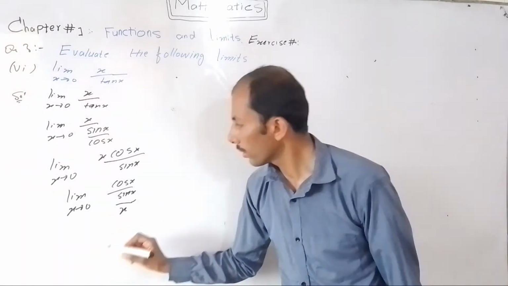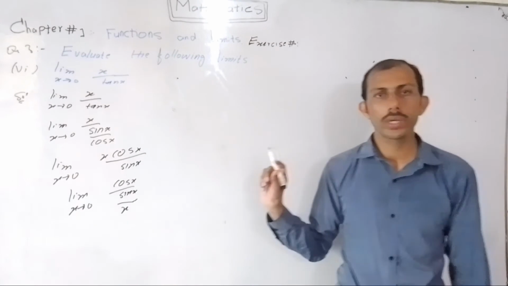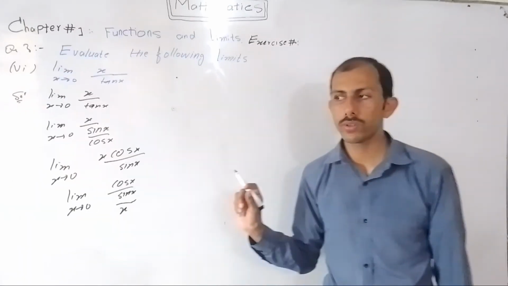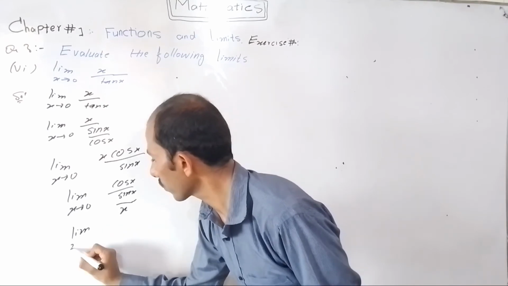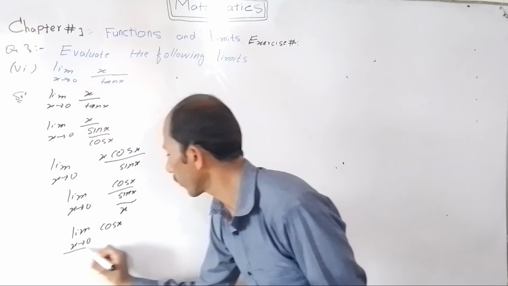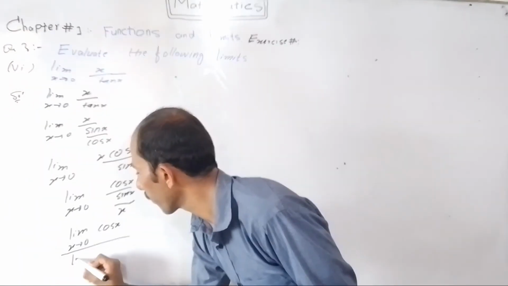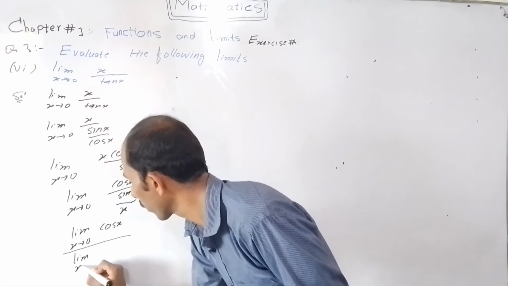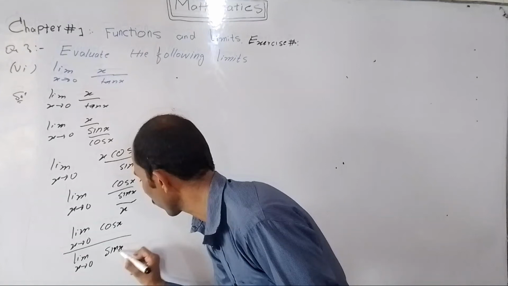So by using the quotient rule of limits, that is limit x approaches 0 cos x divided by limit x approaches 0 sin x divided by x.